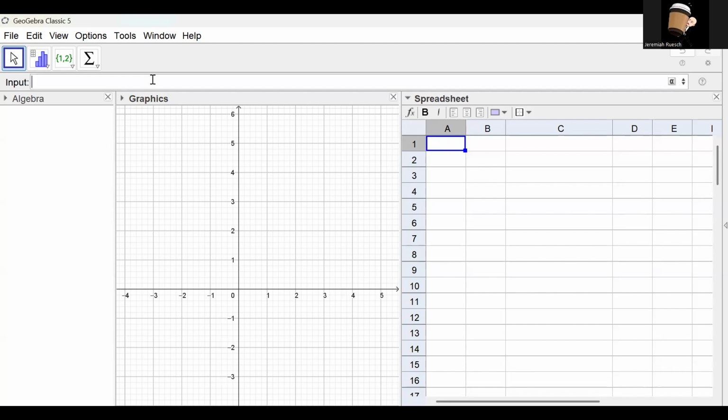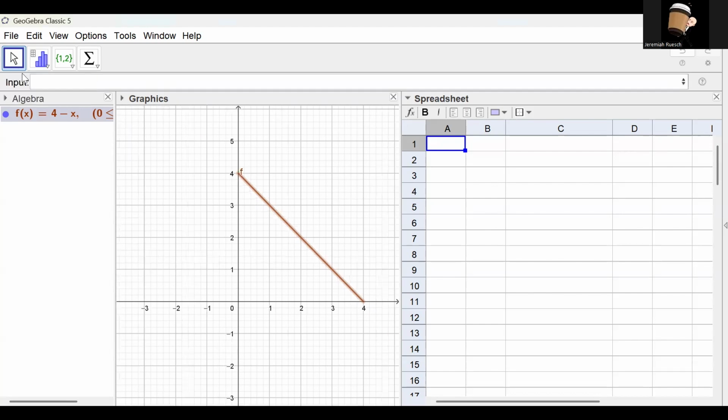All right. So this morning we were looking at a function that was 4 minus x, and we had restricted the domain between 0 and 4. As we were looking at the geometry of this figure, we could see that it was a right triangle. So we knew that we could figure out the exact area of this triangle by noticing that we have a height of 4 and a base of 4.